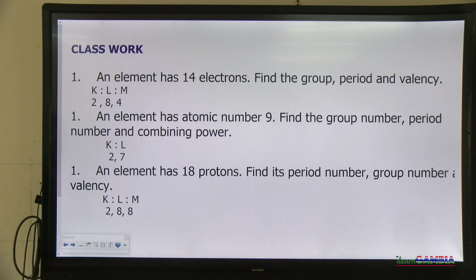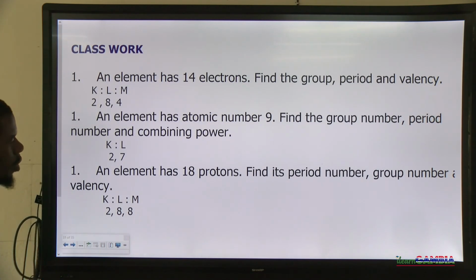So let's look at this classwork. An element has 14 electrons. Find the group, period, and valency. Another question: an element has atomic number 9.